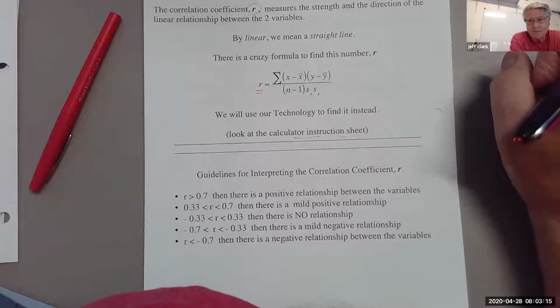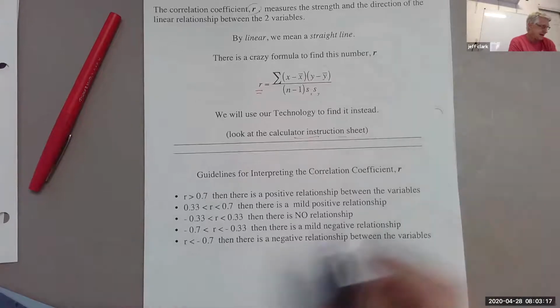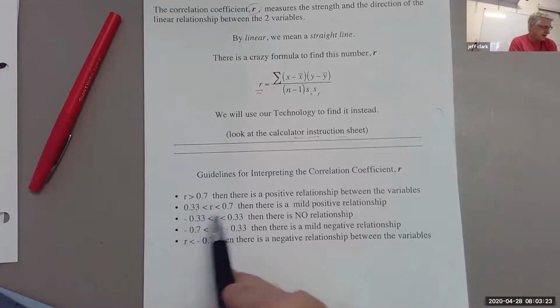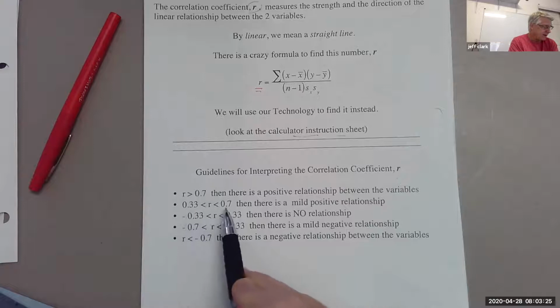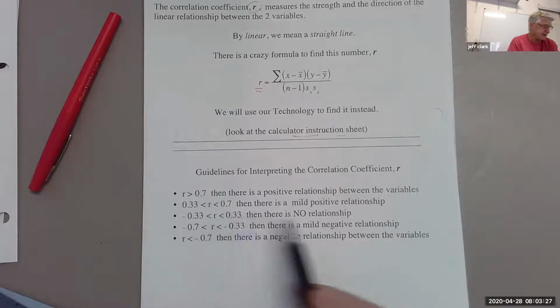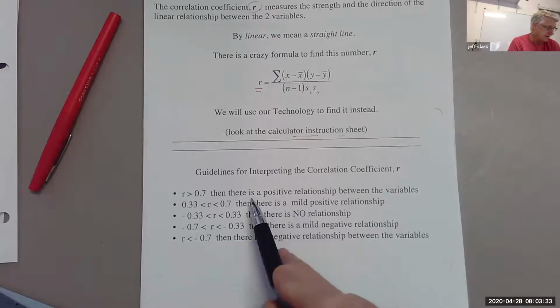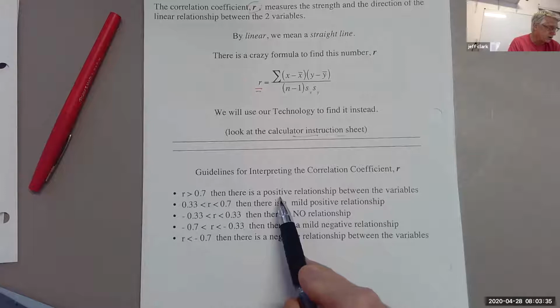So we're going to have a number. And as you can see, there's 0.7 here. This is what our author in the textbook will use as 0.7. 0.33 to 0.07 is going to say there's mild or maybe weak. You could use the word weak in here. There's a positive. You might use the word strong in here.